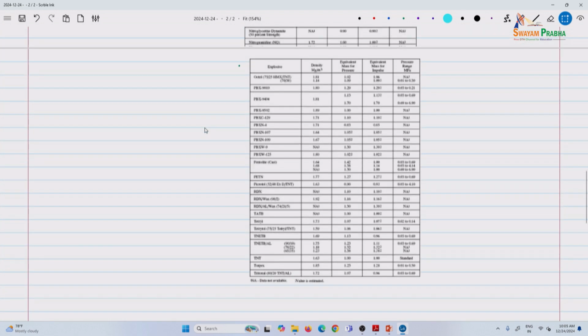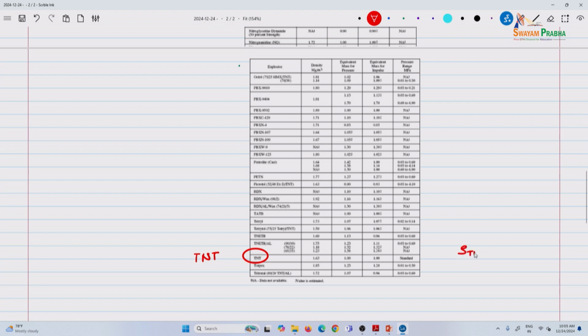So here, if you see the TNT part of it, that's the basis out here. So this is TNT, and the density, if you see, is 1630. It's good to know these numbers.